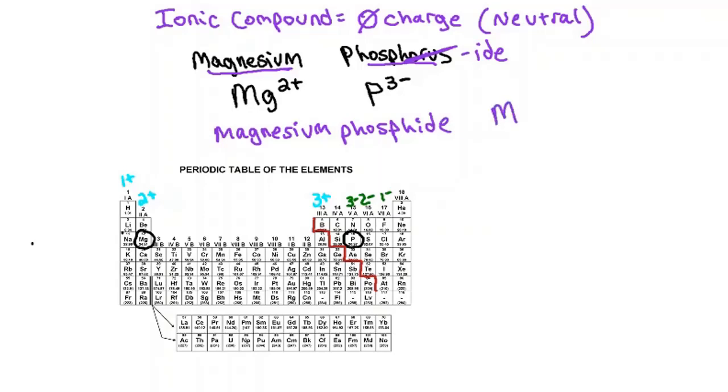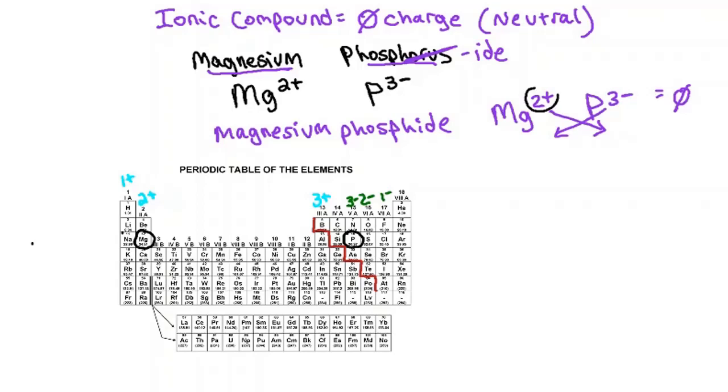So far for magnesium phosphide, we have magnesium, which is +2, and phosphorus, which is -3. Since these two need to end up with a 0 charge, a neutral charge, what you can just do is cross them, or some people say lasso them.